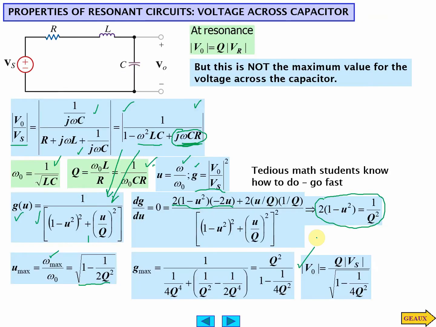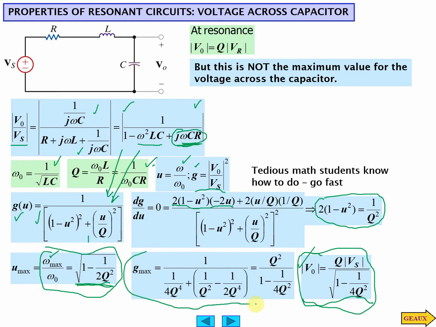Its maximum voltage is a little bit different. Now here's the expression for omega max. Here's the expression for the gain at the maximum, when omega equals omega max.